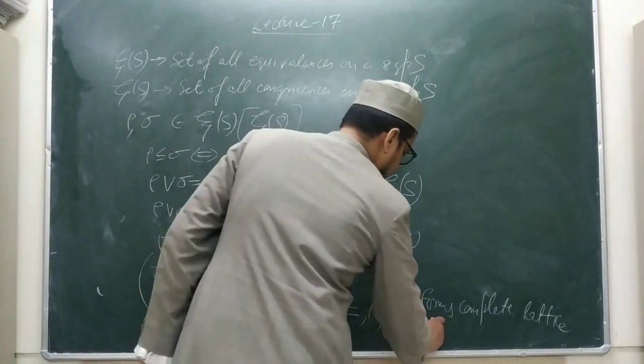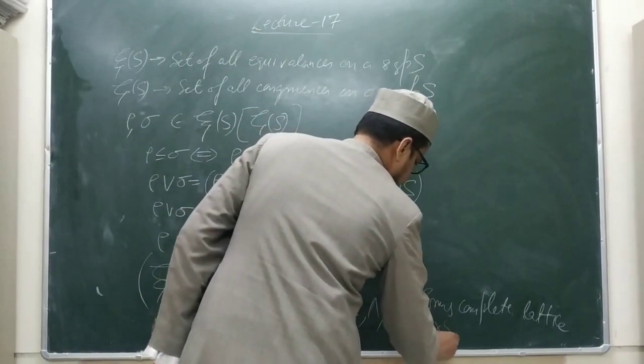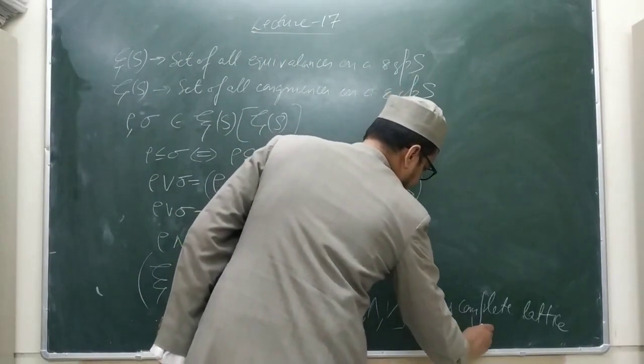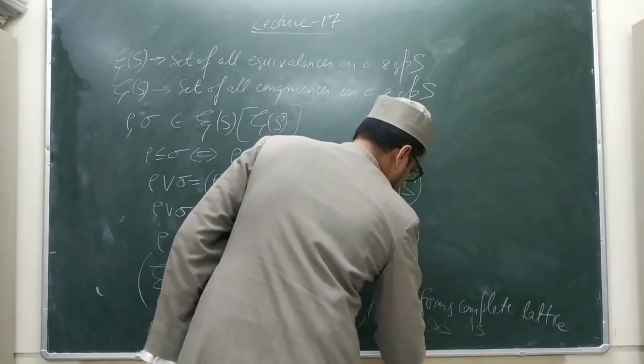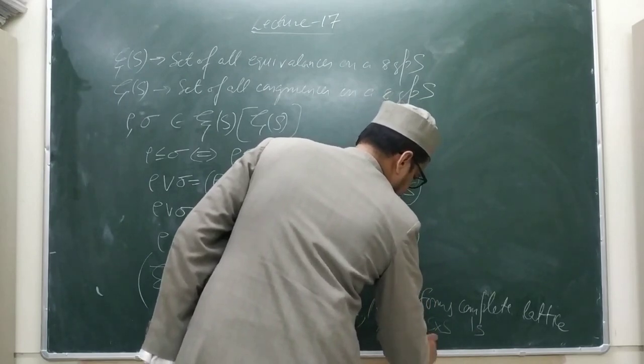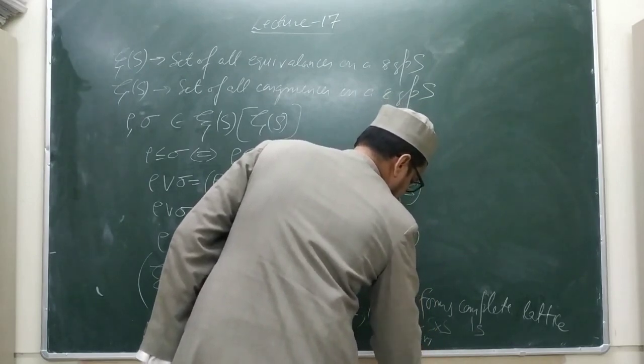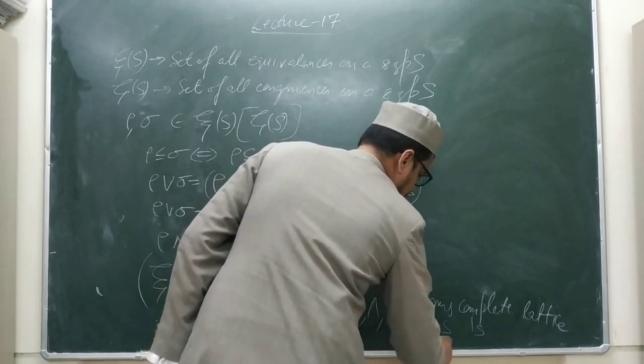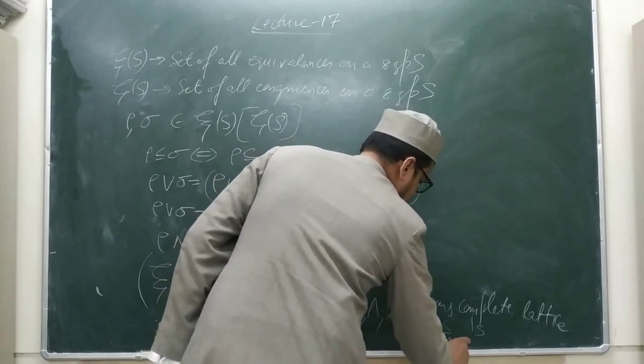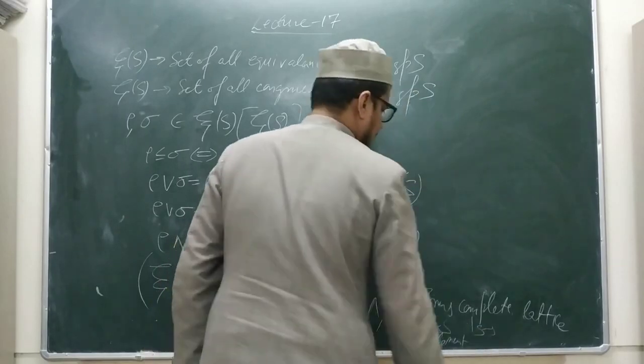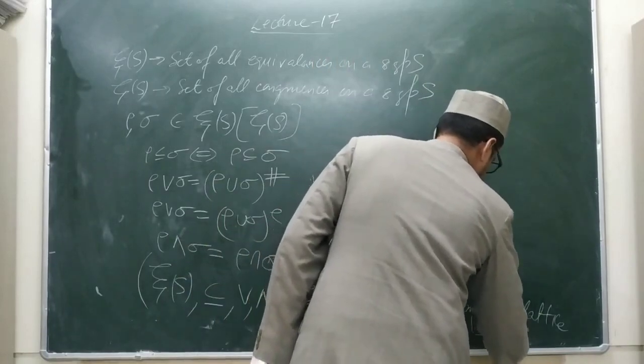And here S cross S is the maximum element and 1S is the minimum element. That is the equality relation.